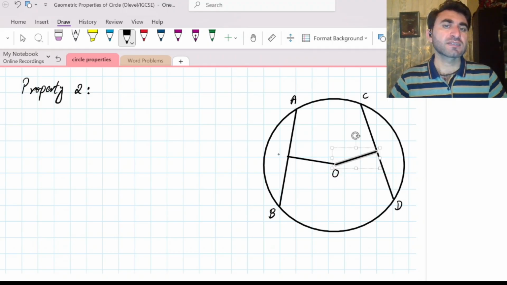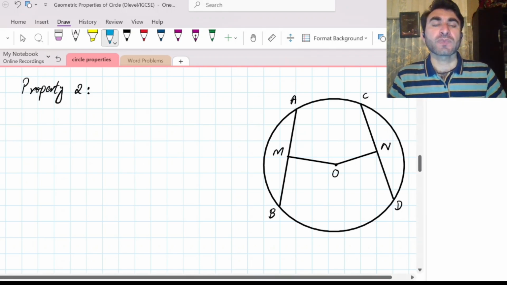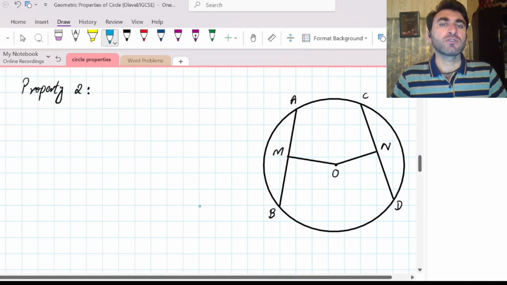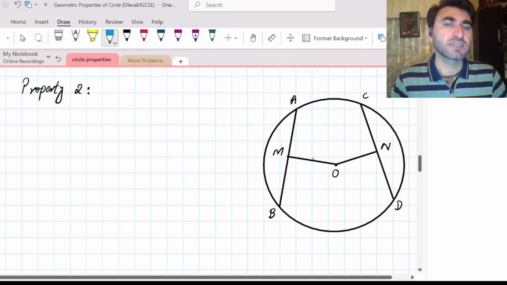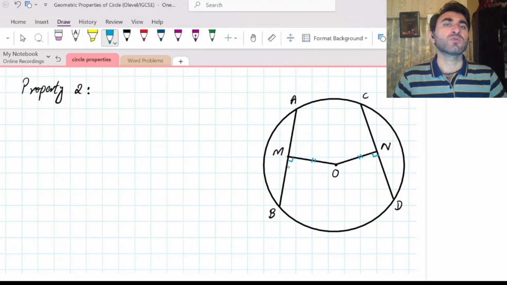Let's name the foot of the perpendicular M over here and N over here. So this property states that if we have two chords which are equidistant from the center, equidistant meaning they are at equal distance from the center, then the chords are equal in length.